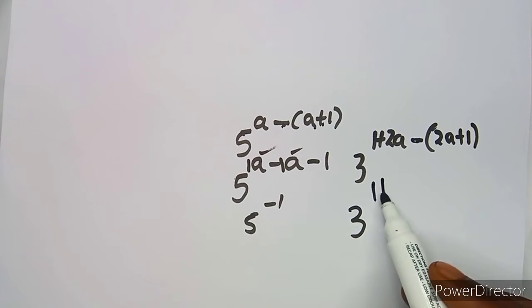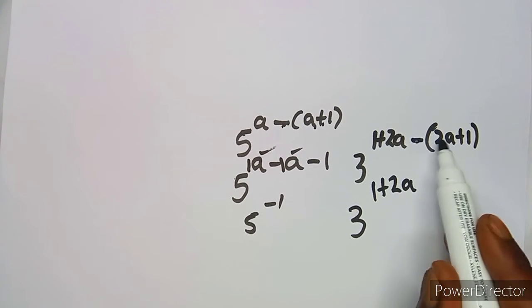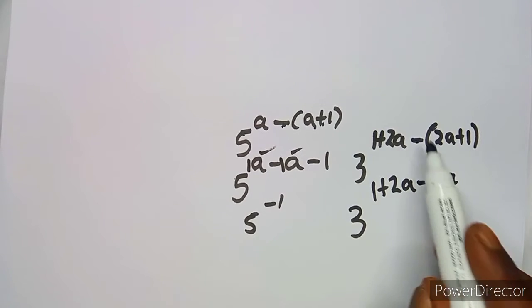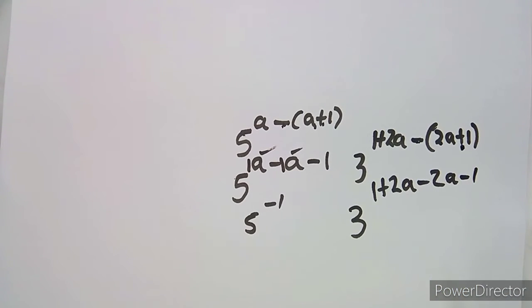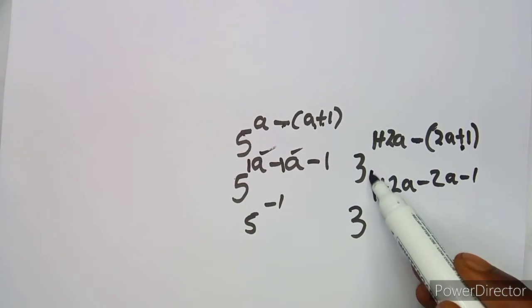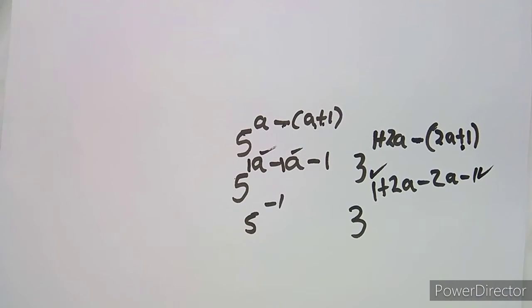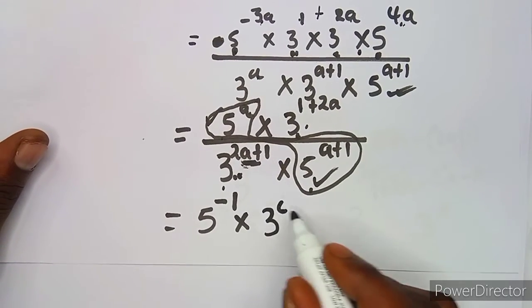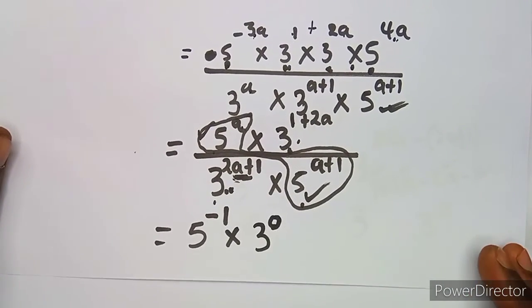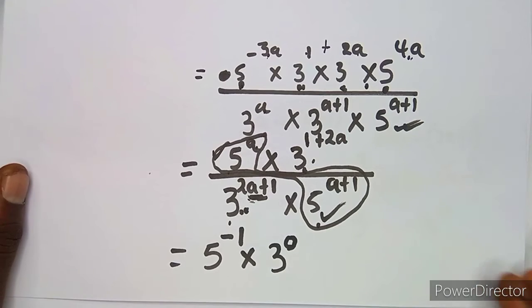That's 1 plus 2a minus 2a minus times 1, because this is plus 1, it's going to give us minus 1. Okay, so let's subtract 1 minus 1. Guys, that's a 0. 2a minus 2a, that's a 0 again. So we are going to remain with 3 to the exponent of 0 there. All right, so this is the stage where we are now.